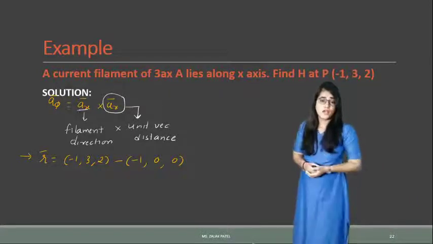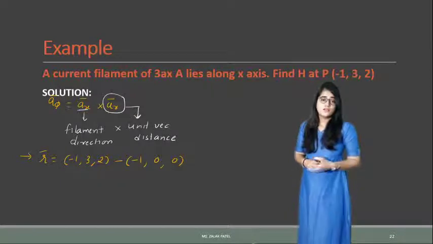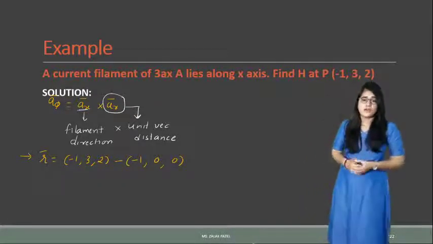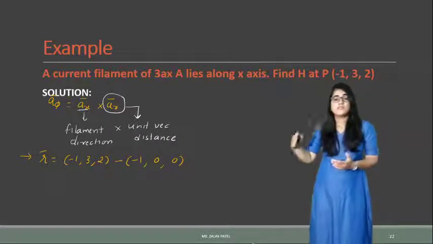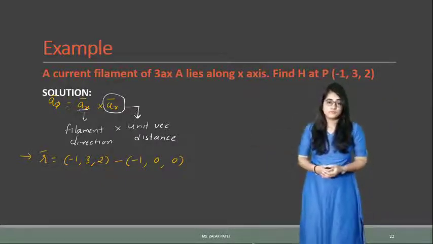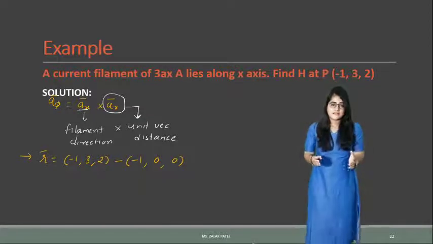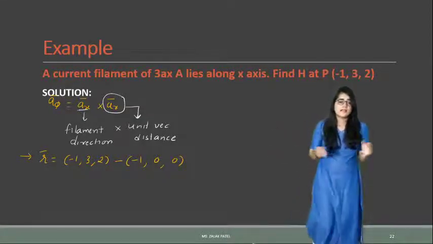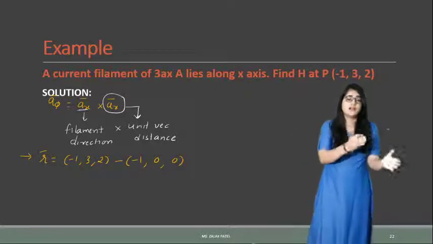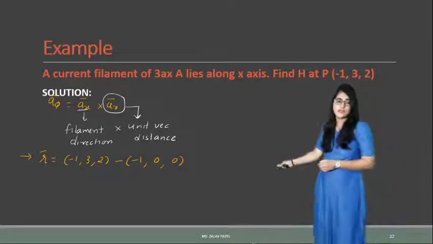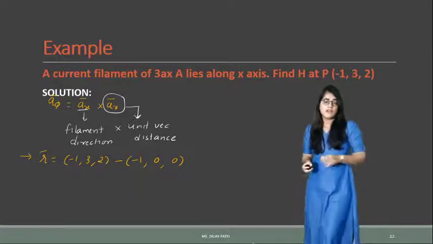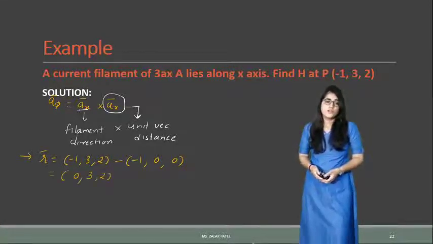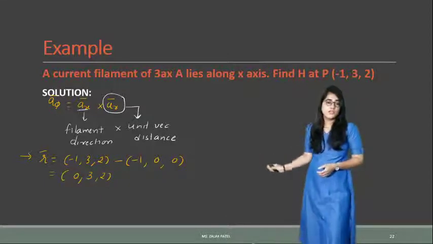The filament is located along the x-axis, which means you only take the x coordinate and keep the other two coordinates as 0. So y and z are 0, 0, and x is the same as given in the desired field intensity, that is -1. So R will become (-1, 3, 2) minus (-1, 0, 0). So our R will become (0, 3, 2).